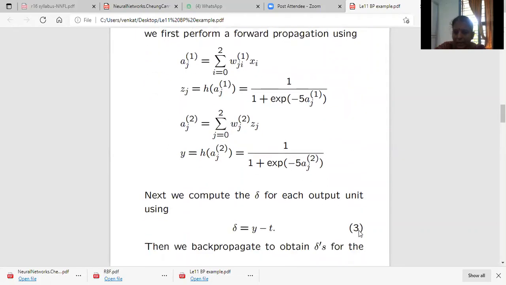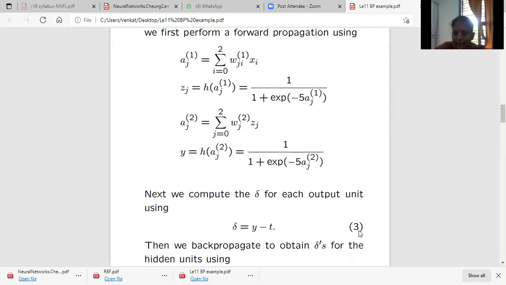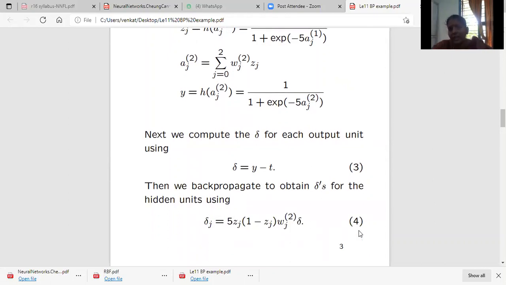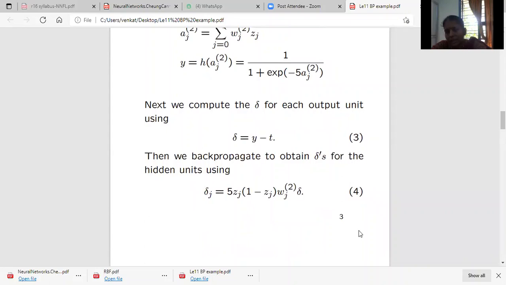So computing delta for each output unit using delta = y - t. Now we are propagating this delta to the hidden units using the derivative of your sigmoidal function, that is, delta_j = 5 zj (1 - zj) wj delta.